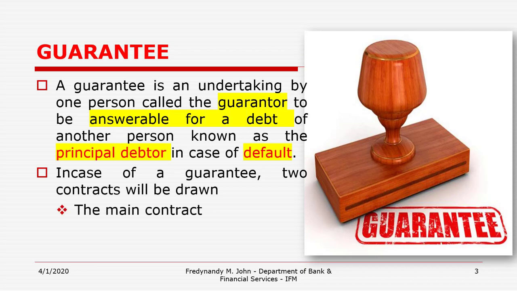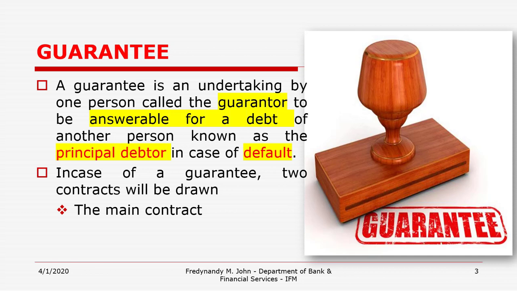In a guarantee, we expect to have two contracts, the main contract and the guarantee contract. Let me start with the main contract. The main contract simply means the agreement between the principal debtor, the borrower, and the lender or banker. In this contract, the principal borrower agrees to repay a certain amount of money that he has borrowed from the lender at a given interest during a specified period of time.